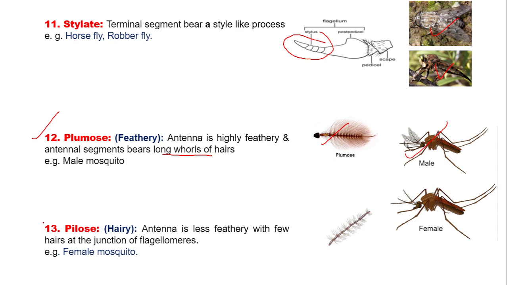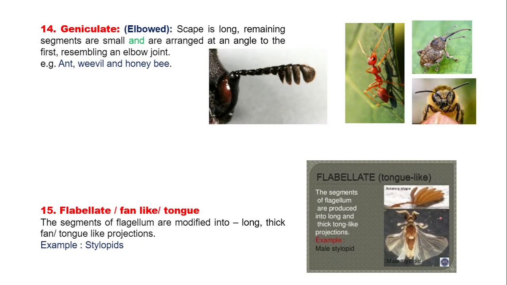Pilose or hairy antenna. Antenna is less feathery with few hairs at the junction of flagellomeres. Pilose antenna is found in female mosquitoes. Geniculate or elbowed antenna.